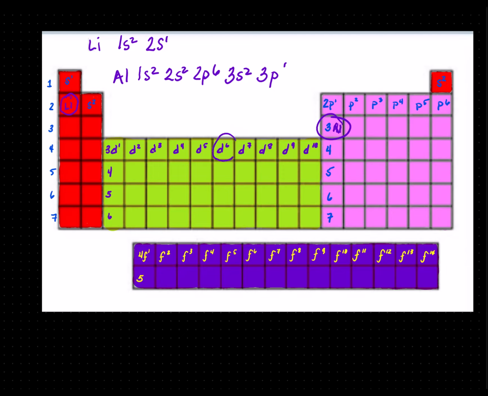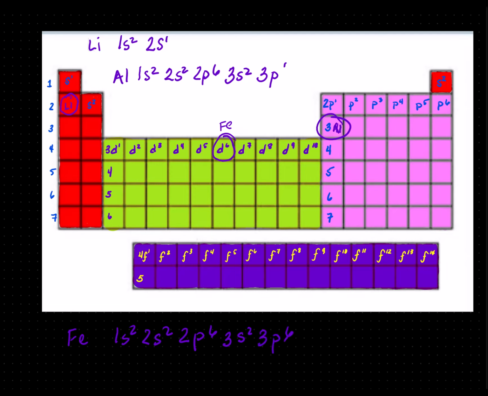Iron is located right here. So this is Fe. So we're going to start with 1s2. All of that's filled. We're going to go to the next row, which is energy level 2, which is 2s2, completely filled. Going from left to right, we are at 2p6, completely filled. We're going to go to the next row or period, which is 3. All of s2 is filled. Then we go across to 3p6.